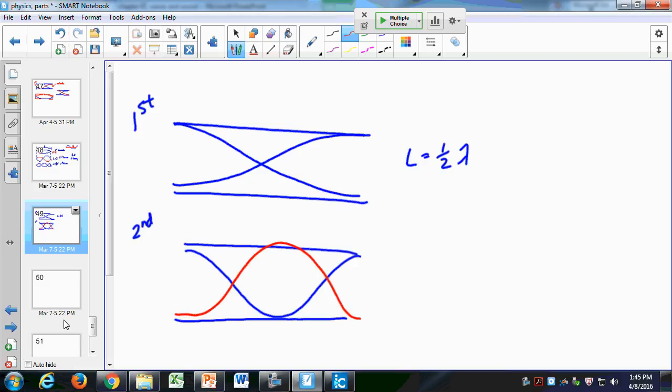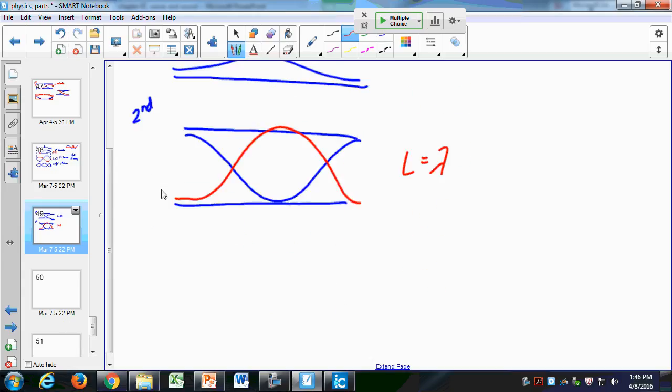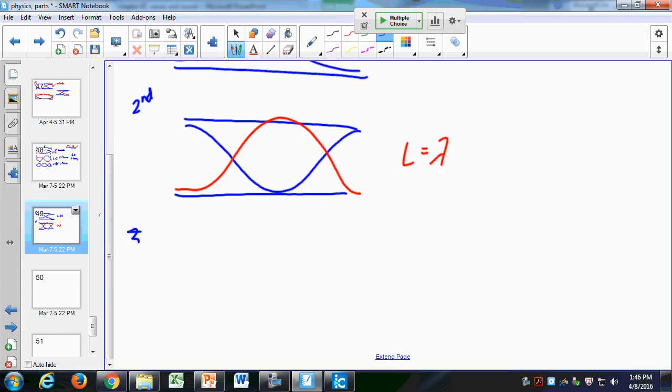Okay, so this looks funny, but this is one wavelength where I go from here, I go through a full cycle of the wave over here. So this is L equal to lambda. And then our third harmonic, I have 3 half wavelengths. Like that, yeah.